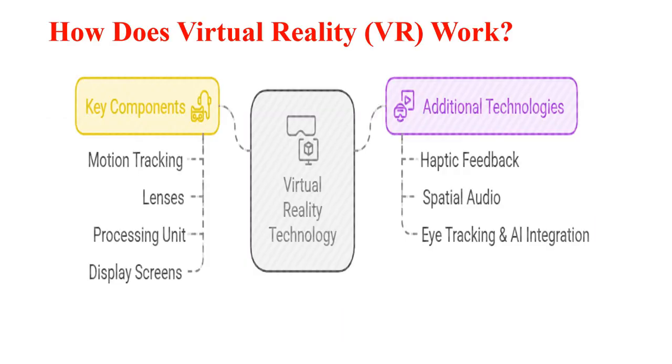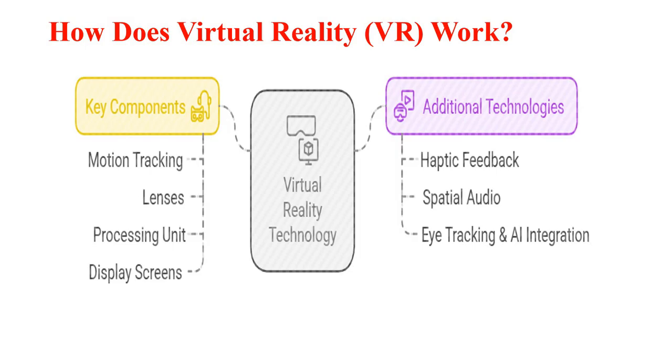Next you have, how does virtual reality work? Virtual reality creates an interactive and immersive digital experience by combining hardware and software in order to simulate real or imaginary environments.